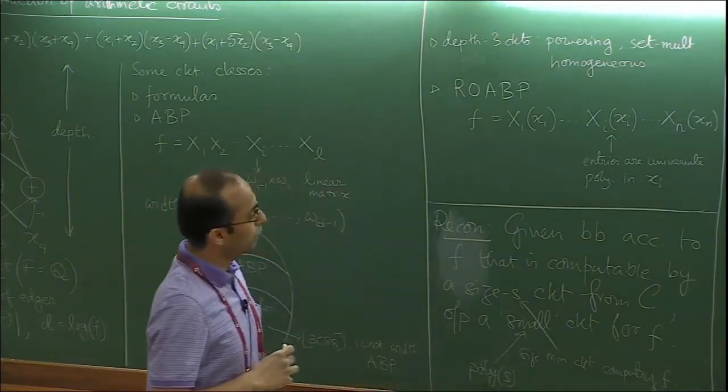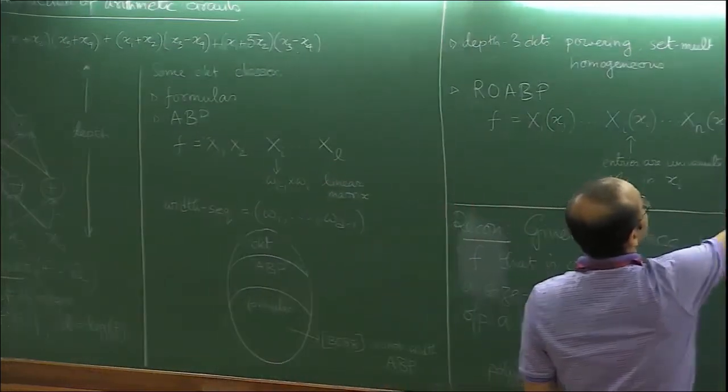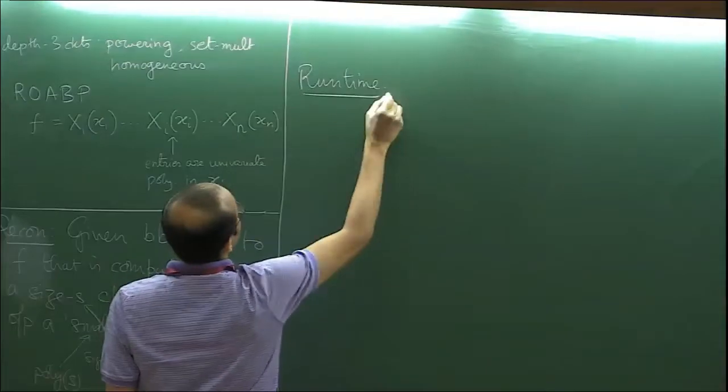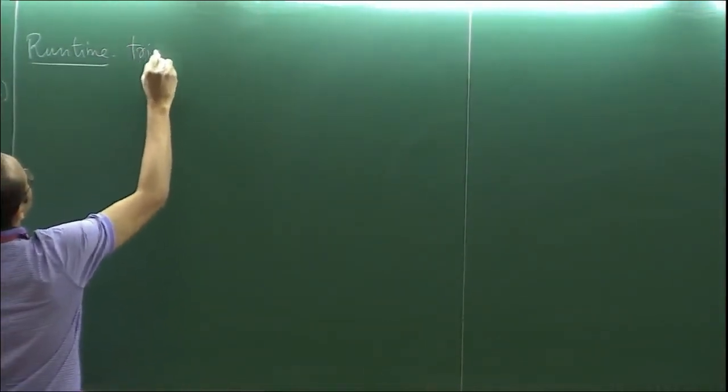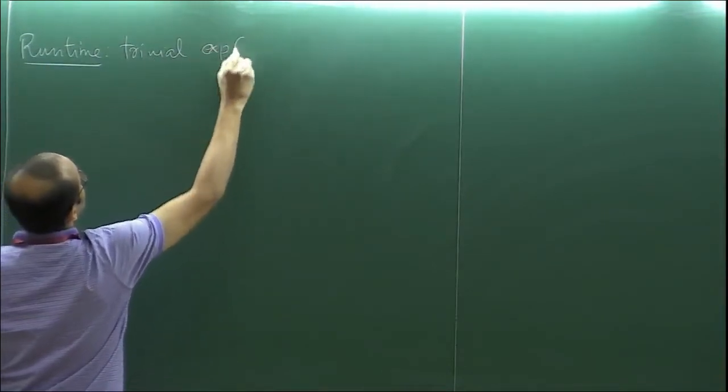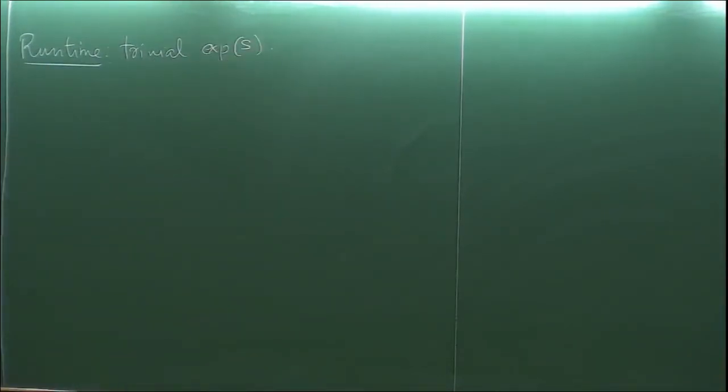Now, I should say something about the ideal runtime of such a problem. But let's begin with the trivial runtime. There's a trivial solution which runs in time exponential in s, because you can go over s starting from 1, then 2, and so on, and every time once you fix an s, you generate exhaustively all possible circuits of size s, which are exponential in s many of them, and once you have a circuit, you can run an identity test, at least you can run a Schwartz-Zippel kind of lemma, and using this identity test, you can figure out whether your circuit is f or not.